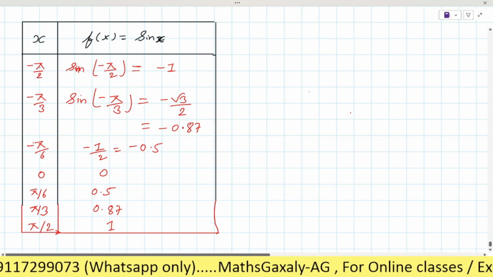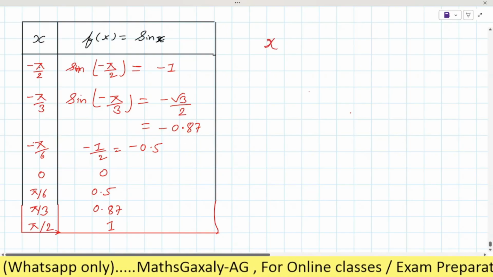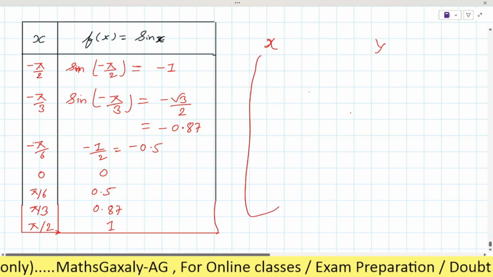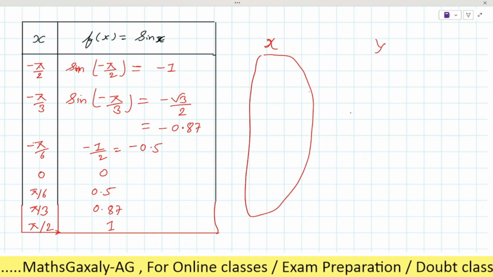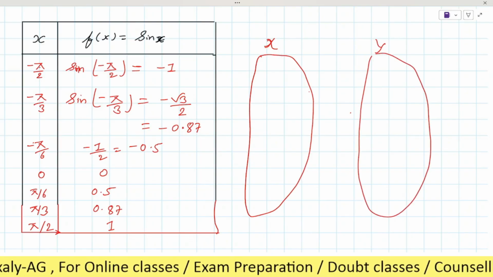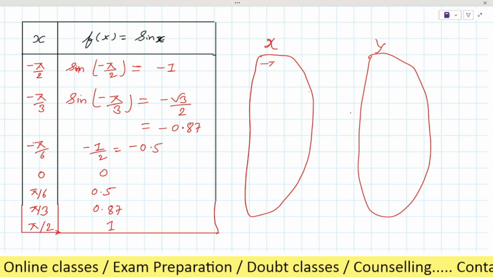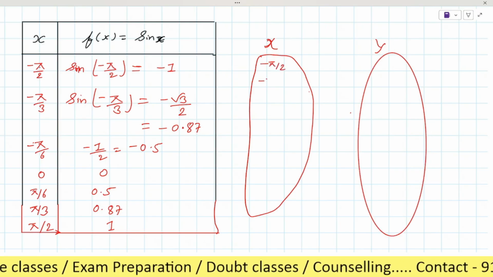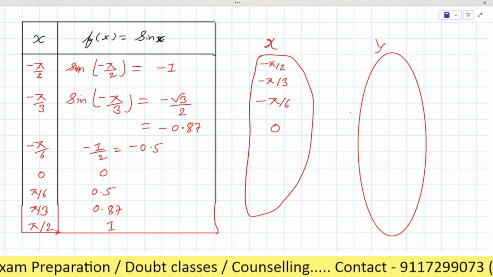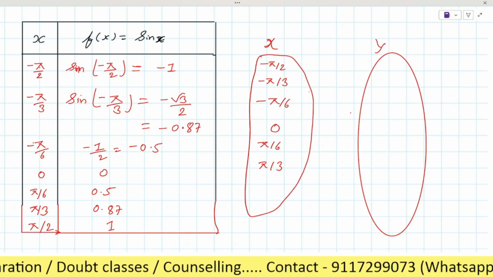See, when we represent it, it will be like this: the set X and the set Y. We will take two sets, है ना? In set X, that is the domain, it will be minus pi by 2, then minus pi by 3, then minus pi by 6, 0, pi by 6, pi by 3 and pi by 2.